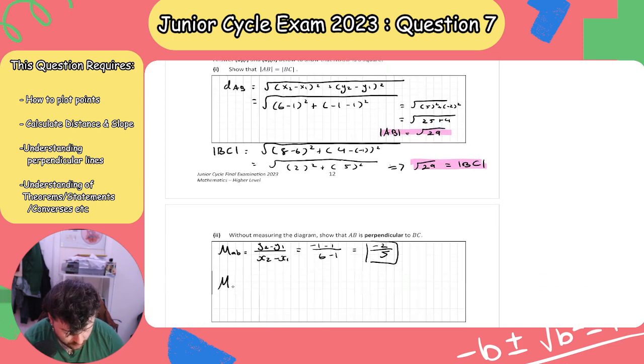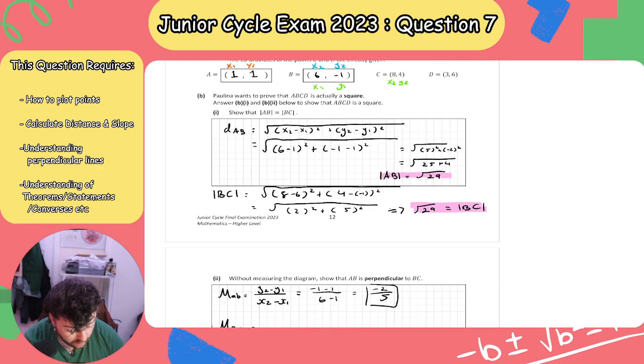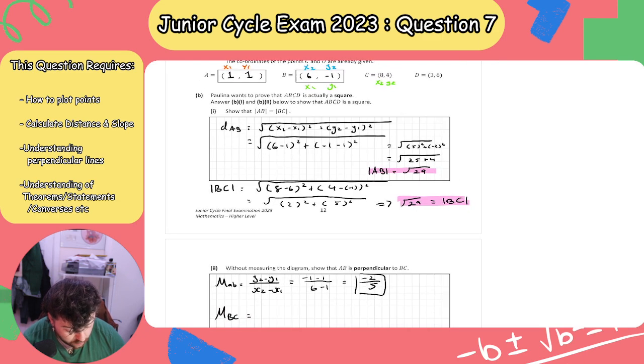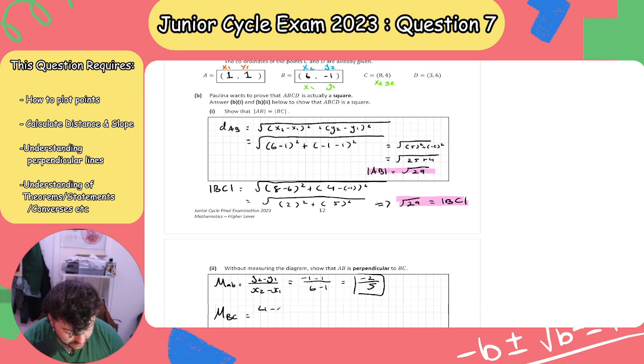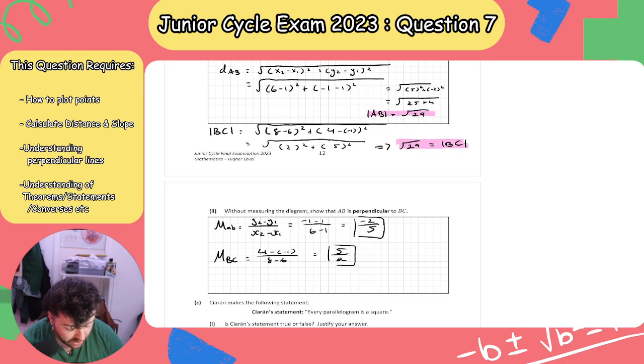The slope of BC is 4 minus -1 all over 8 minus 6, so it would be 5 over 2, right? And if I multiply them together, the slope of AB times the slope of BC, -2 over 5 times 5 over 2, I get -1.